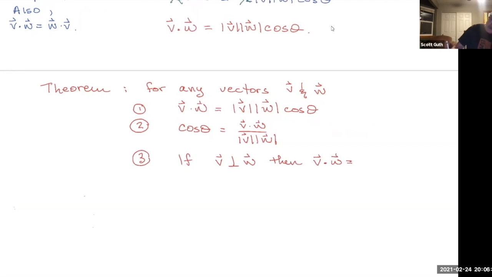The only thing you need to note is that theta would be 90 degrees. So what's the cosine of 90 degrees? 0. Yeah, so you can see that v dot w is the magnitude of v times the magnitude of w times the cosine of 90 degrees, which is 0. So one of the ways we determine whether two vectors are perpendicular is we just quickly check their dot product. This is super important. All of this is super important.